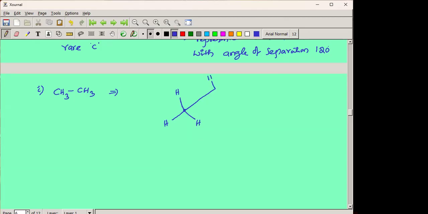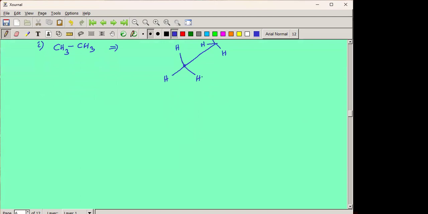The rear carbon atom is also connected with hydrogens. We can represent it like this. This is considered as the eclipsed form, as in the Newman projection formula. Here the Sawhorse formula also we can represent as an eclipsed one. Right? So see here, if we go with butane, the next example is n-butane.